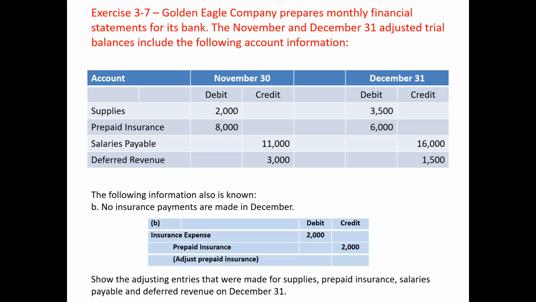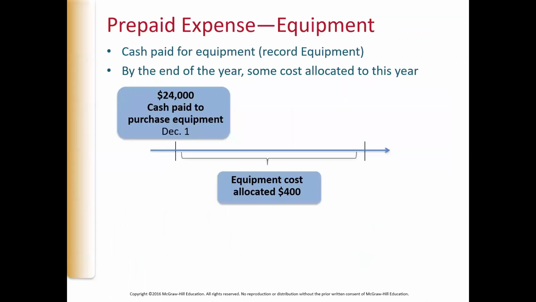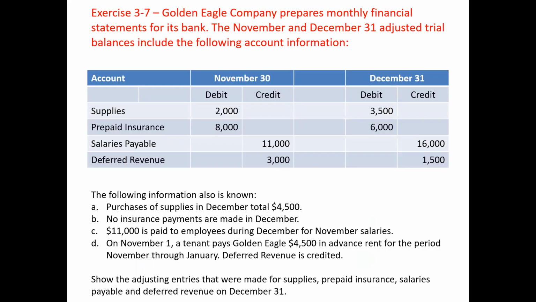Next, it says to us, next one is our prepaid insurance started at 8,000. Our prepaid insurance, I'm doing a T account.